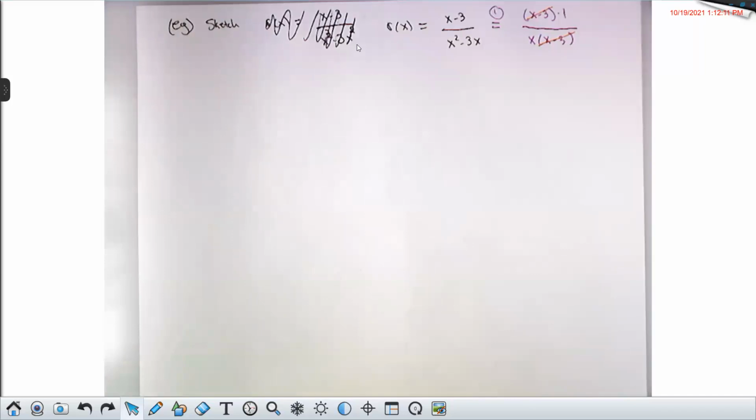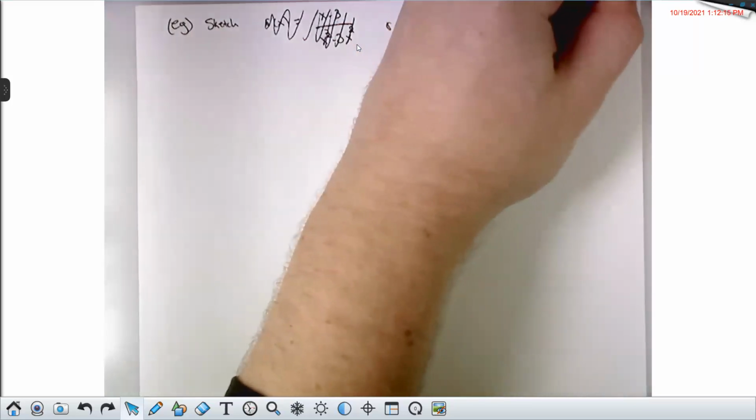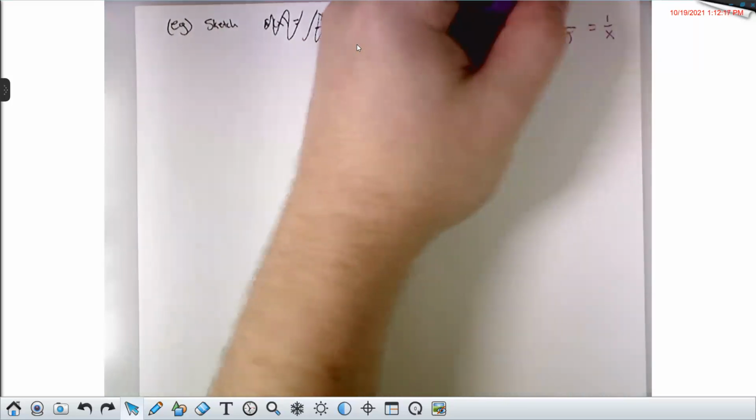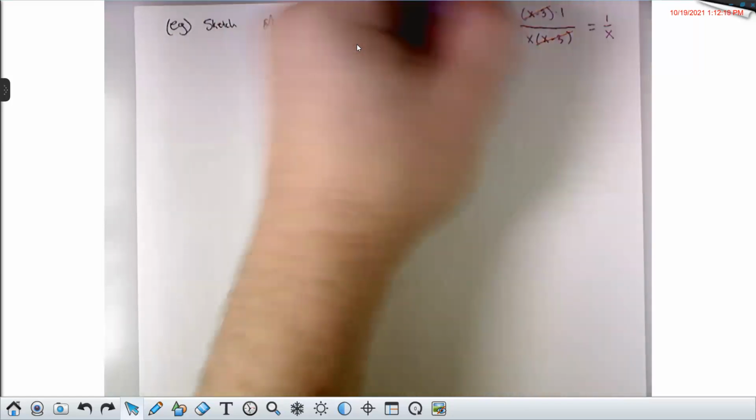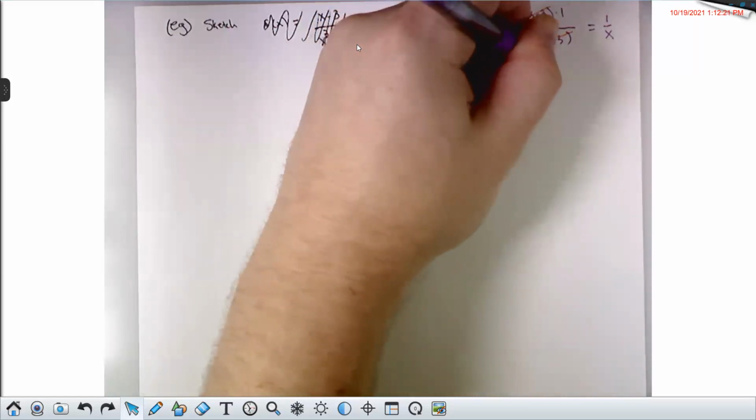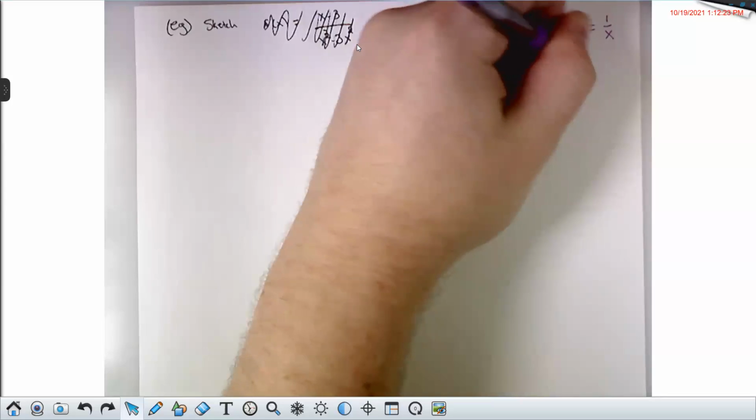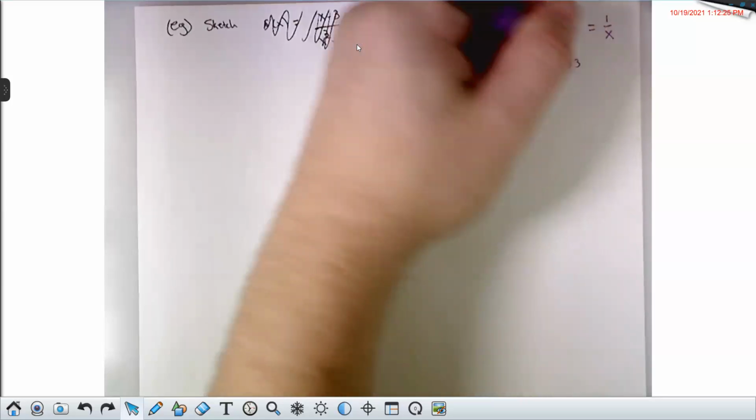So those x minus 3's cancel, and we learn that this thing is equal to 1 over x, but only if x minus 3 is not 0. So that means for all x besides 3.